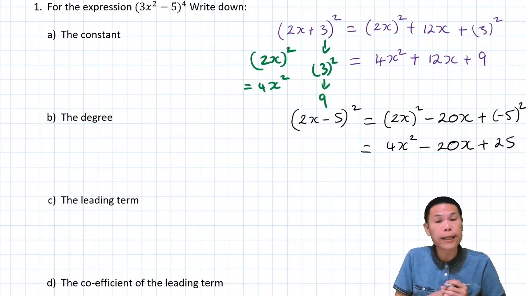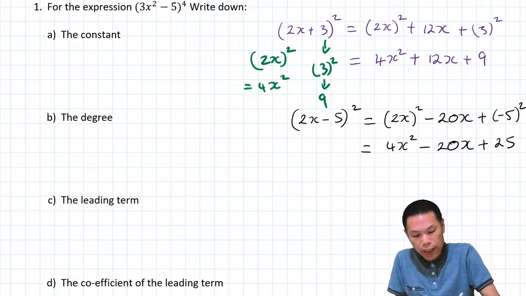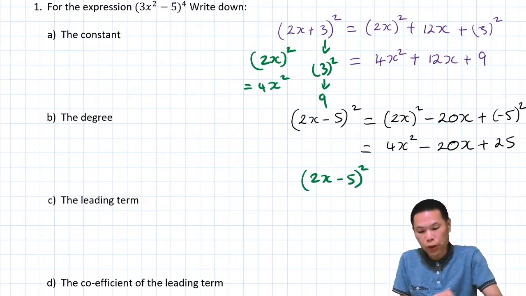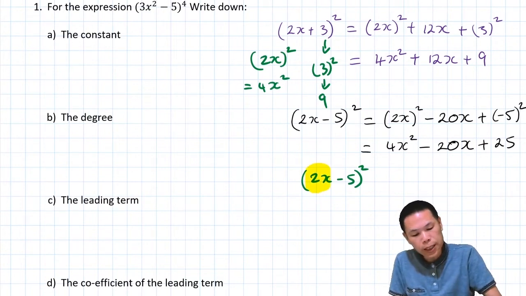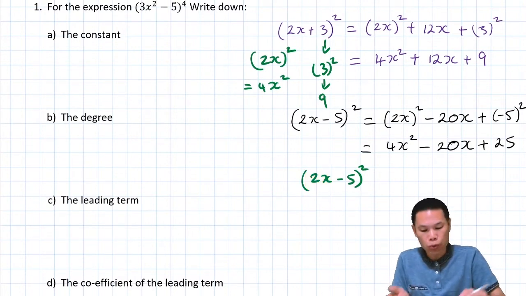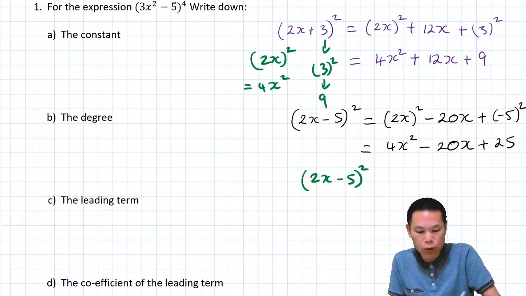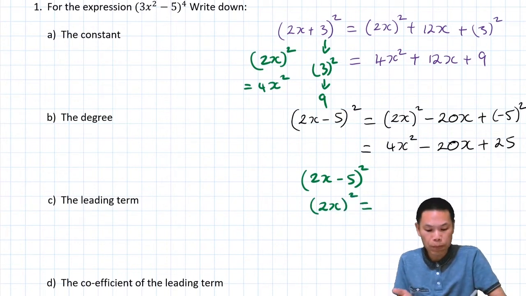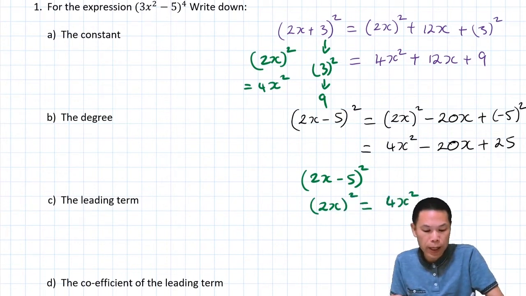Then have a look at the second example, (2x minus 5) squared. The leading term in this bracket is 2x, but then it's power of 2. To work out the leading term, all you need to do is (2x) squared, which is 4x squared.